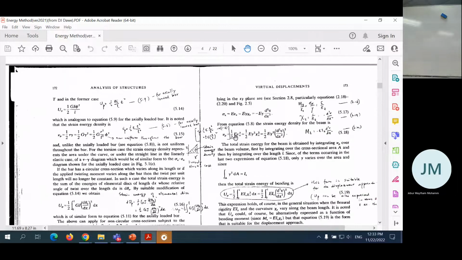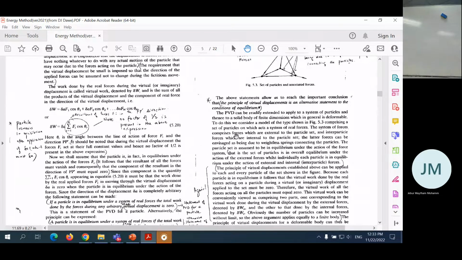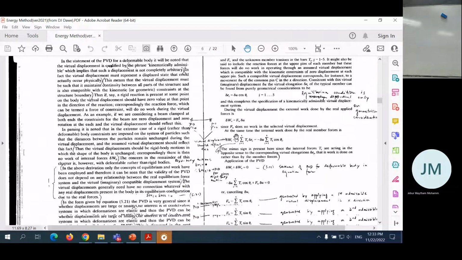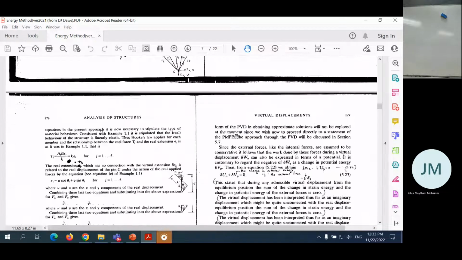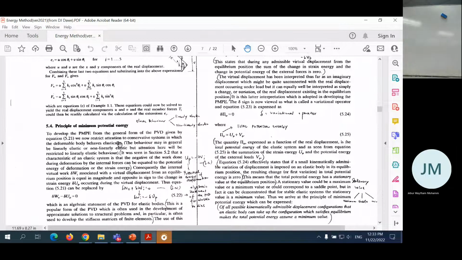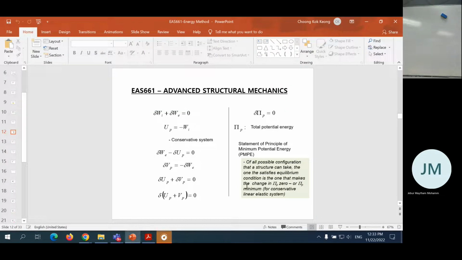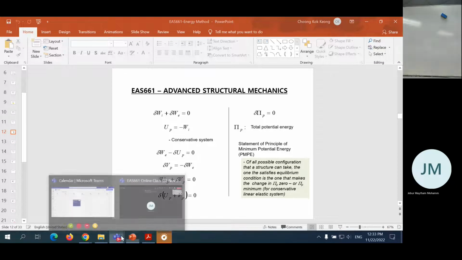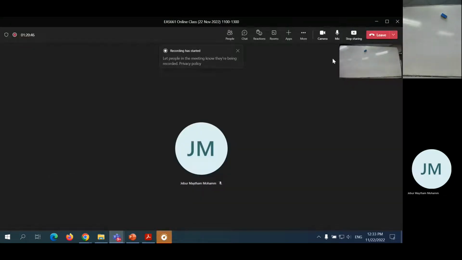If you go to principle of minimum potential energy, this is section 5.4, which gives the detailed explanations. Now I want to go through with you the basis of getting this, but you have to refer to that later to look at the detailed one.